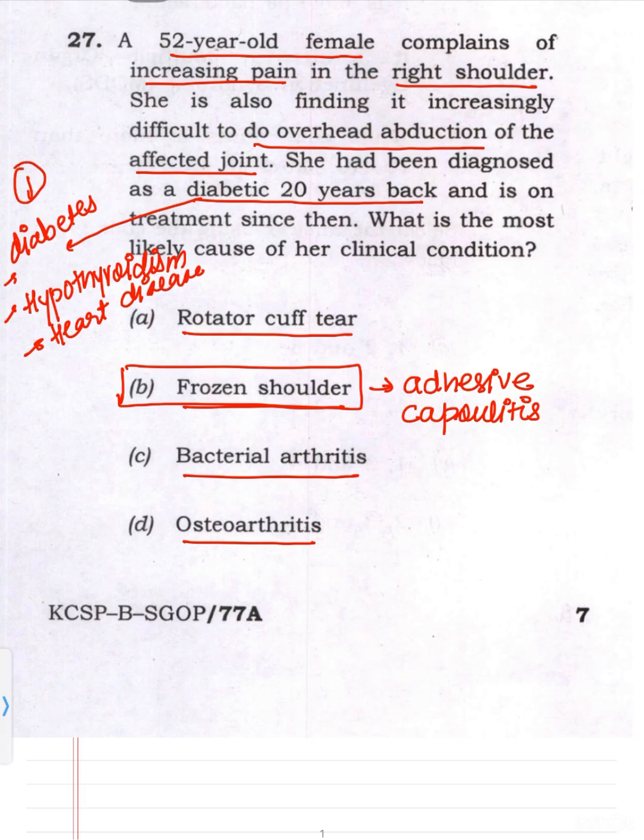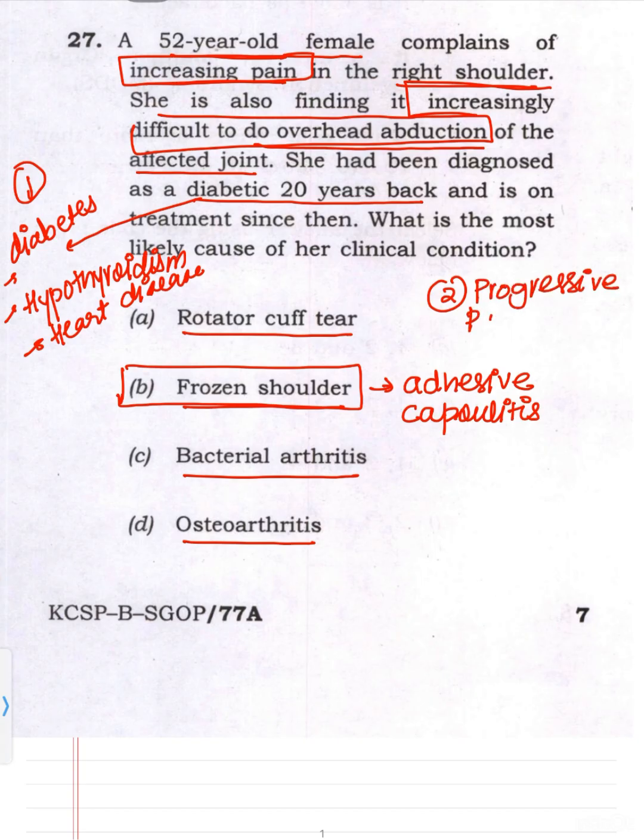Second clue is that there is progressive pain. There is increasing pain and increasing difficulty to do overhead abduction of the affected joint. So there is progressive pain plus progressive stiffness.